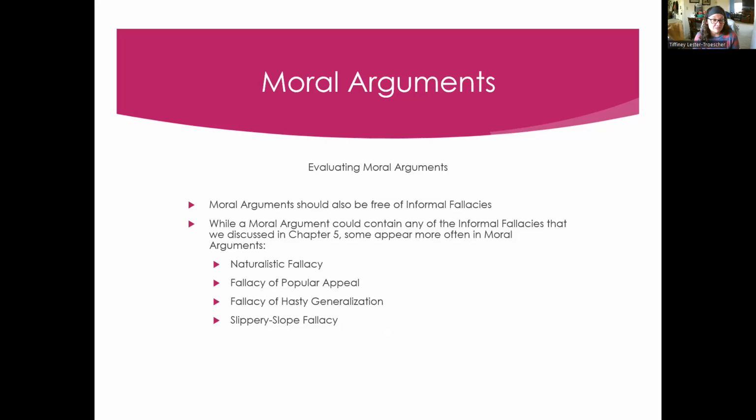That's the goal here, is to look at these moral arguments and not let yourself simply agree with someone because you feel like you agree with them. Make them do the work to provide an argument that is valid and sound and void of informal fallacies. Then you know for sure.